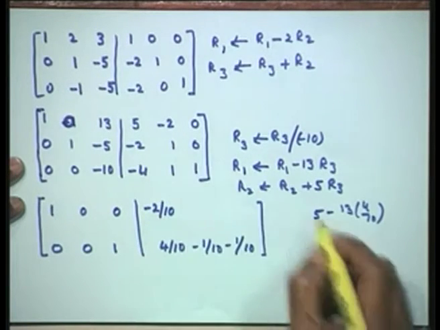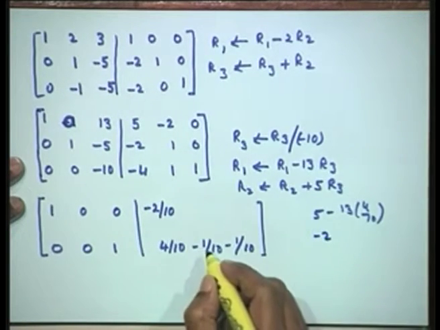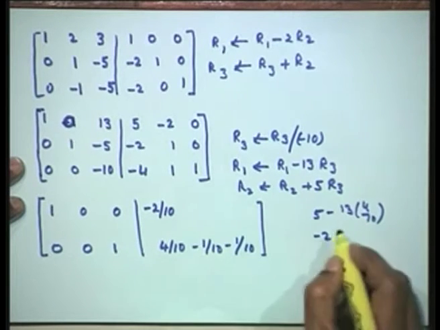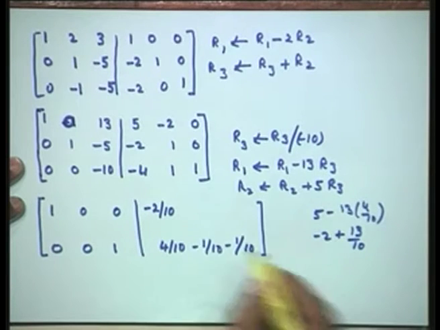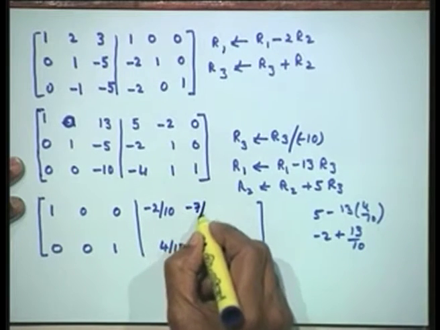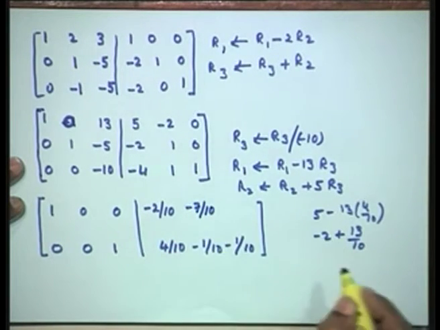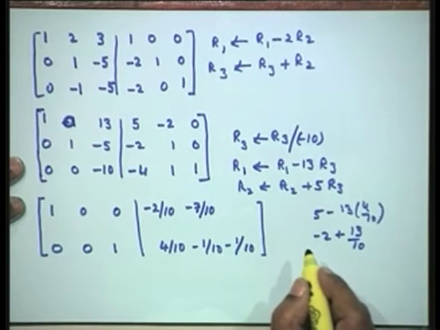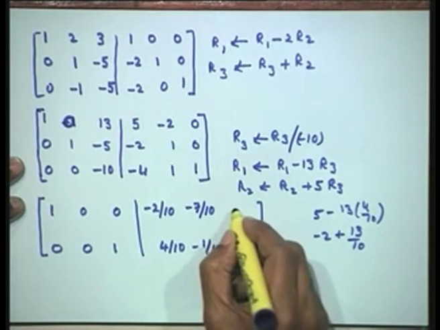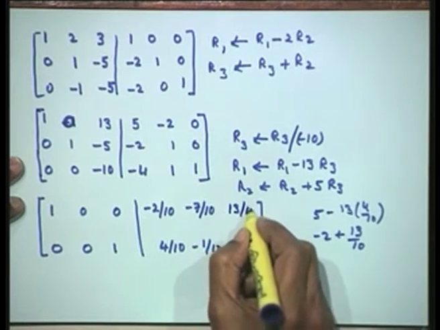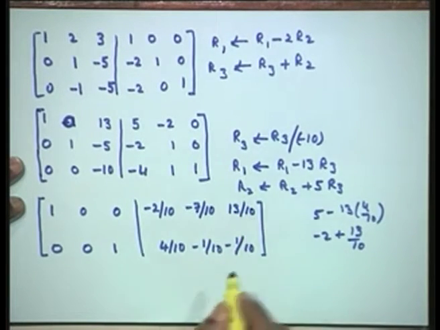Then I have this second element as minus 2 and I am multiplying this by minus 13. So, that will be 13 by 10. So, that will be minus 7 by 10, that gives me minus 7 by 10. Then I am multiplying this by 13 and subtracting. So, I will have here 13 by 10, this is 13 by 10 from here.